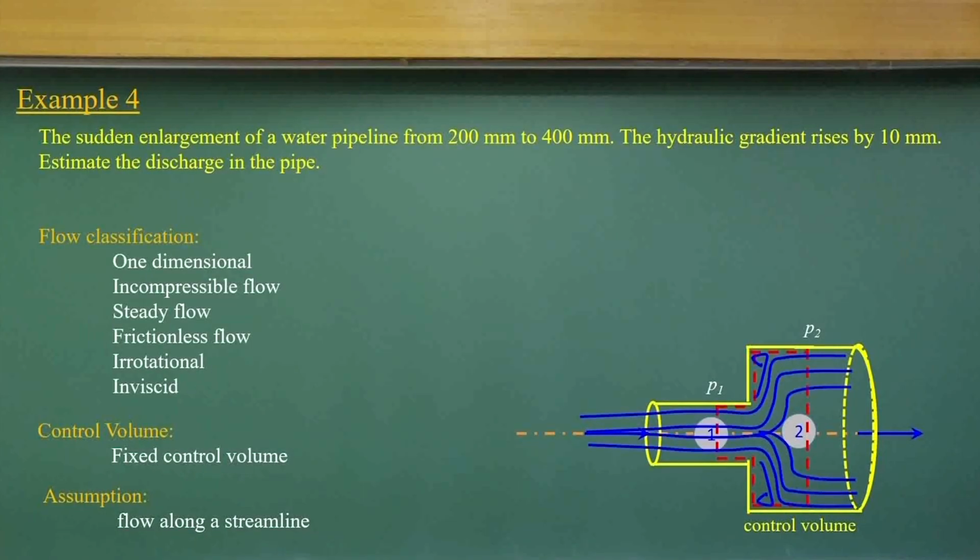along these streamlines. You can see that mostly the streamlines will be divergent and there will be energy dissipation in these systems. We do not know how much energy dissipation, but we know from the data that the hydraulic gradient rises by 10 mm.